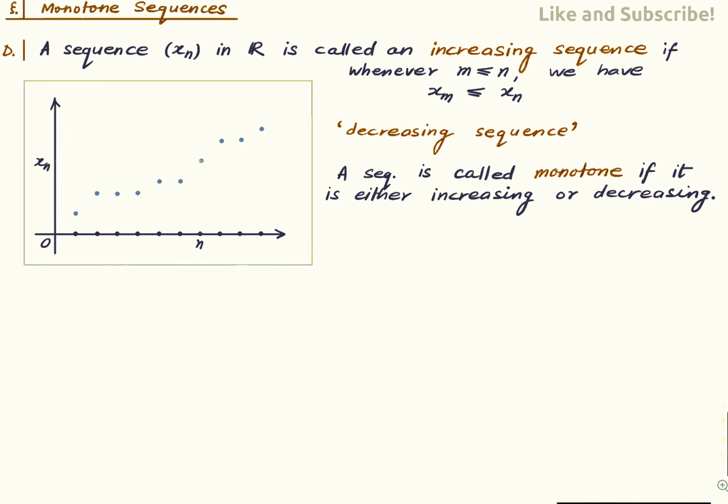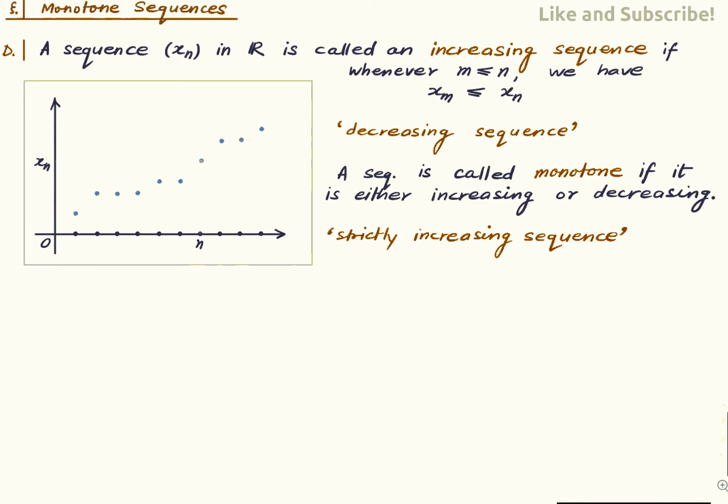Similarly, you can define a strictly increasing sequence. Let me not write it down, but let me say it in words. Strictly increasing sequence is the phraseology. So you say that a sequence xn in R is strictly increasing if whenever m is strictly less than n, we have xm strictly less than xn.